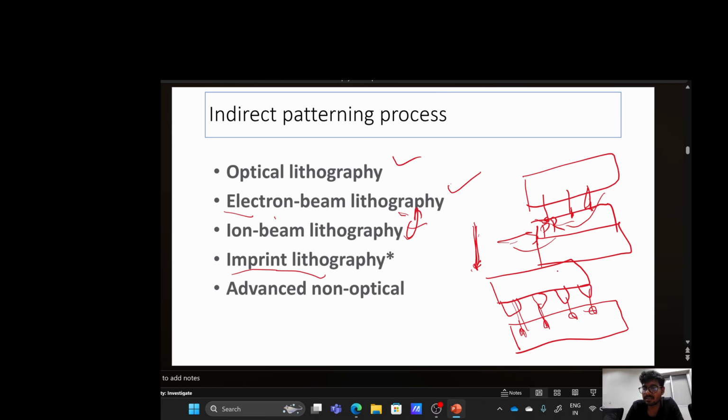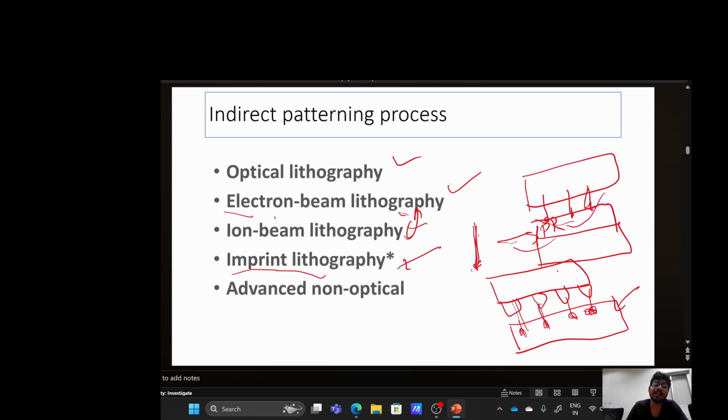Then when we etch it, the rate of etching is not the same. This part will get etched faster, and this will get slower because of the height difference. Through that you can transfer the pattern.